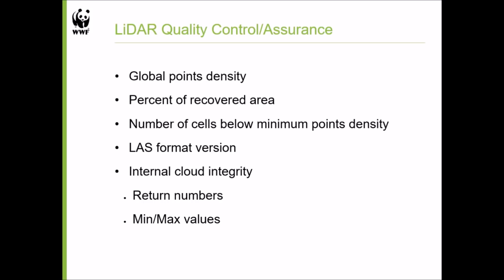That is, for each cloud that we are paying for, what's the minimum number of points per area we need to have an acceptable LiDAR cloud. And so this is the most important parameter that we have to define. In our case, I told you, it's 4 points per square meter.